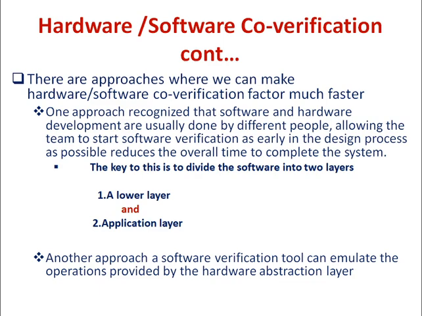For more detailed verification of embedded systems, we can use an instruction set simulator, abbreviated as ISS. The ISS uses code compiled into the instructions of the target embedded processor. This is about your hardware software verification flow.